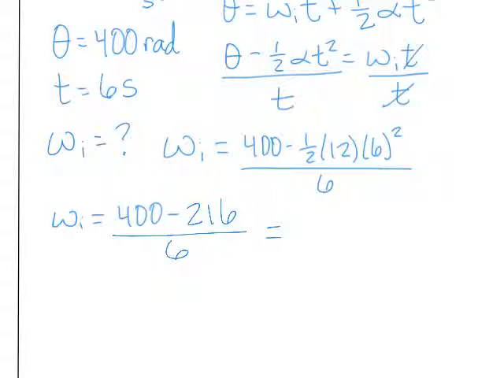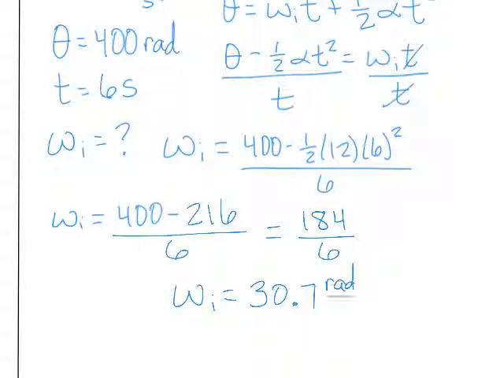So if I subtract my 400 minus the 216, that's going to give me 184 on the top and 6 seconds still on the bottom. Now I simply divide those and I get an initial angular velocity of 30.7. The units will be radians per second.